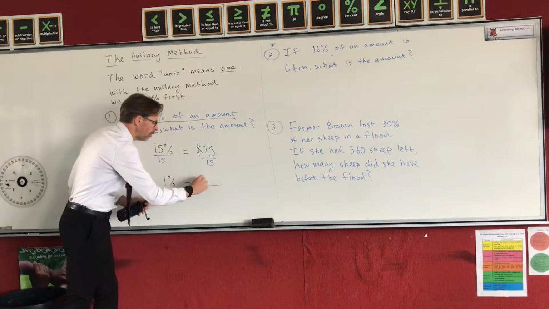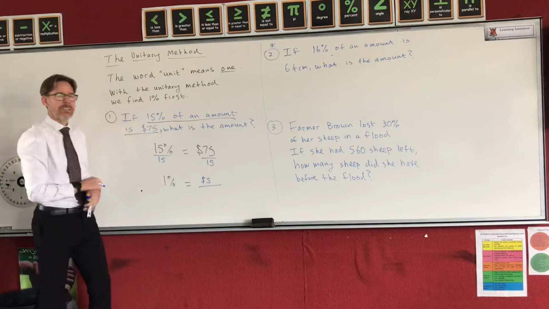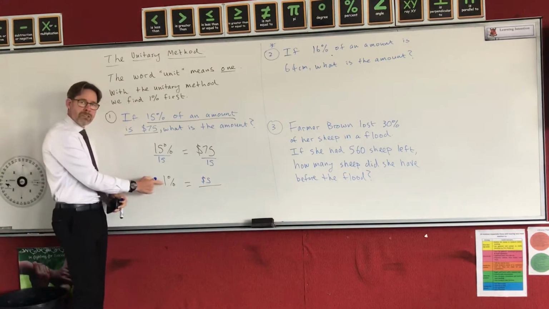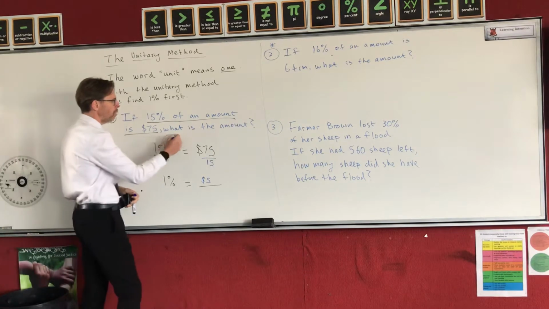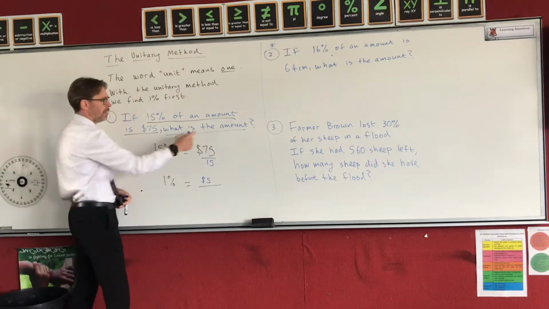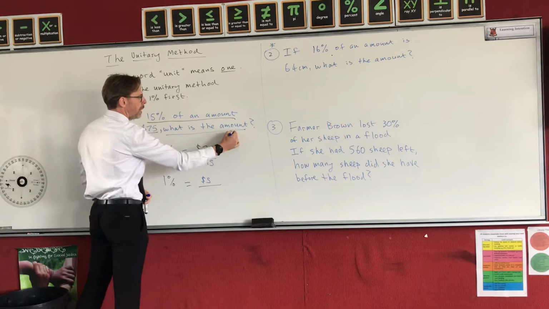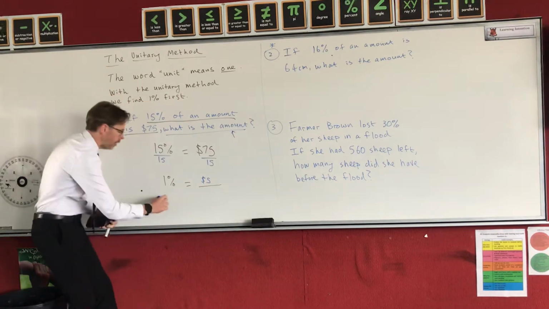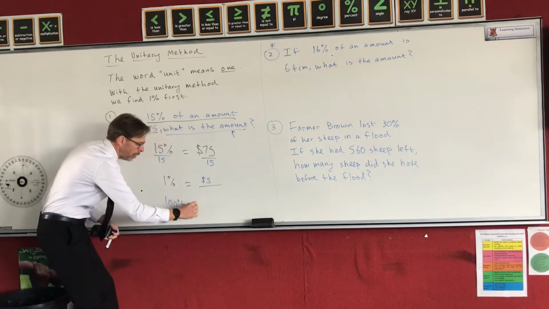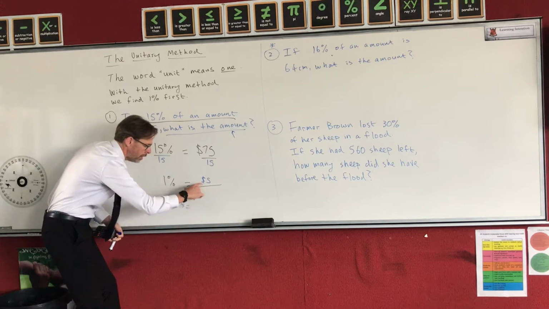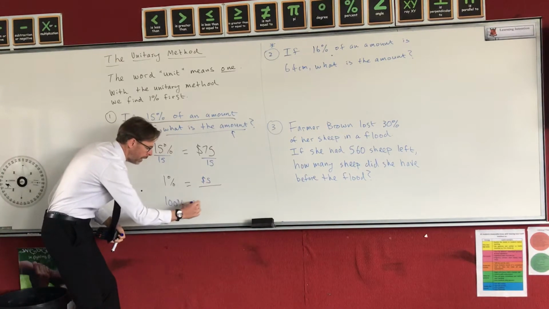Indeed it is $5. Okay, so step 1 is to find 1%, which we did. The question says, what is the amount? That is saying, find out what 100% is. So the next thing to do is to find out what 100% is. 100% will be this times by 100, won't it?